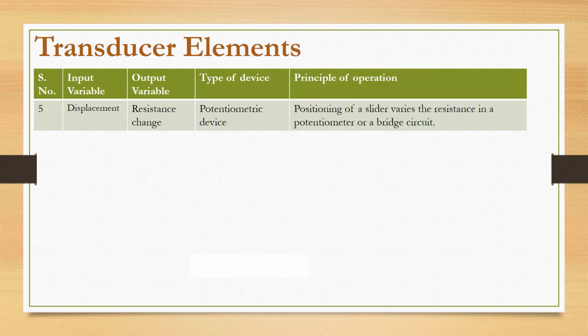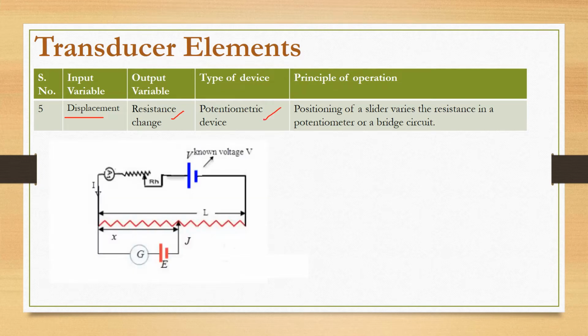You can convert the displacement into the change in resistance, and this can be done through a potentiometric device. So this is the potentiometric device, and this is the resistance.